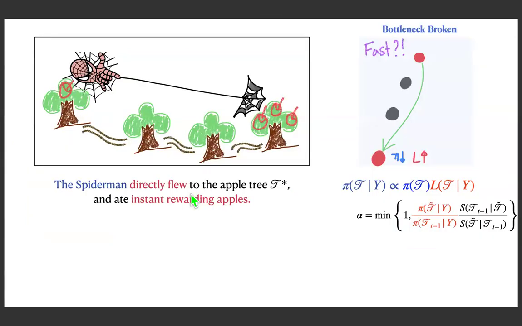And intuitively, why it works is that now we don't need to go through these hungry trees. Instead of going through this area, we can just fly directly to obtain an instant reward of this increased posterior.